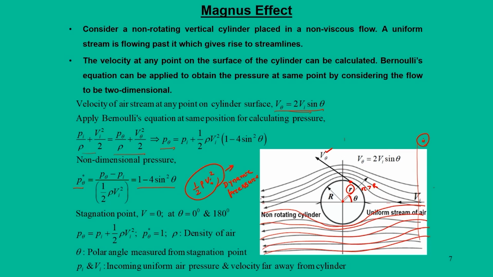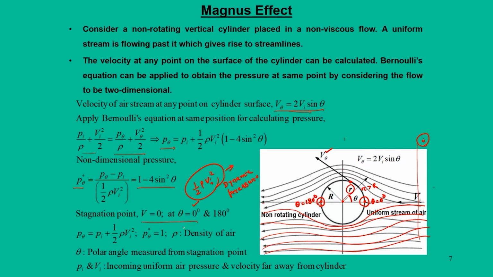From this analysis we will have stagnation points at two locations: one at theta equal to 0, and the other at theta equal to 180 degrees. So, at these locations we have the stagnation points.